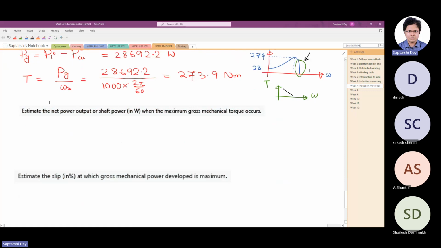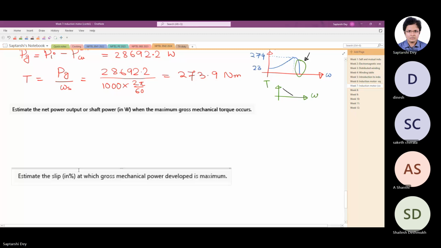So next question, you can stop me if you have some question. Estimate the net power output or shaft power when the maximum gross mechanical torque occurs. So net power output we have to find out. What is the rotor speed at this condition?